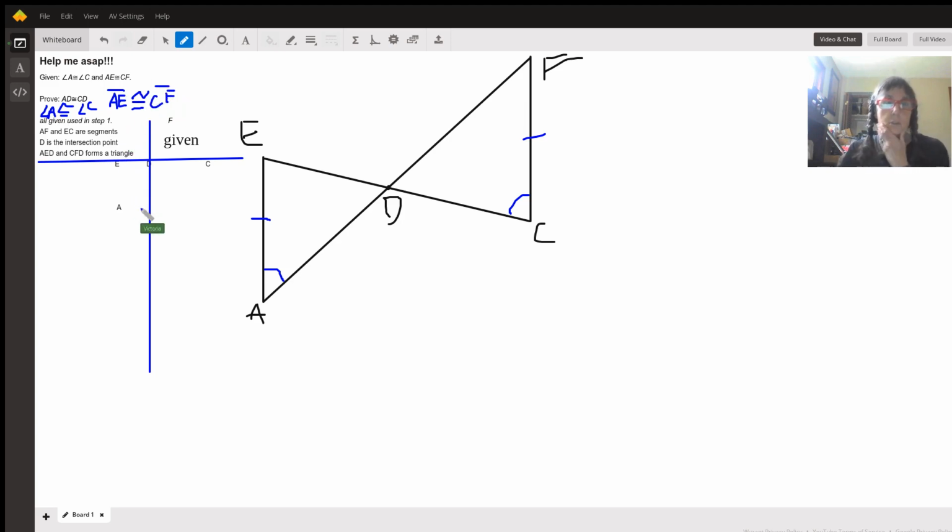Okay, so we've marked all this given stuff. We've made angle A congruent to angle C. We've made AE congruent to CF.